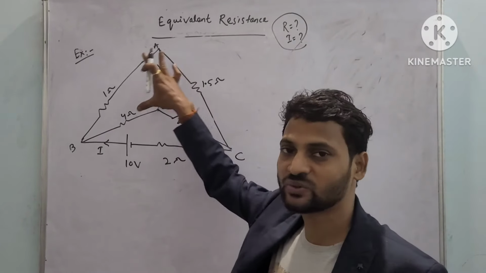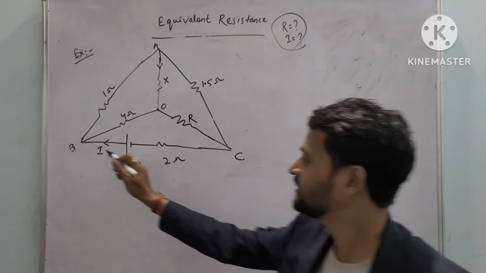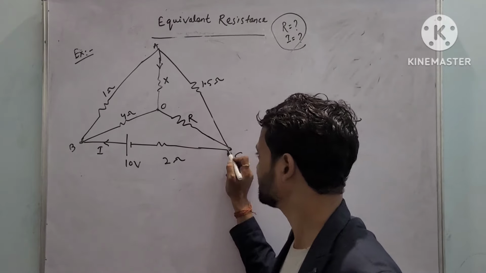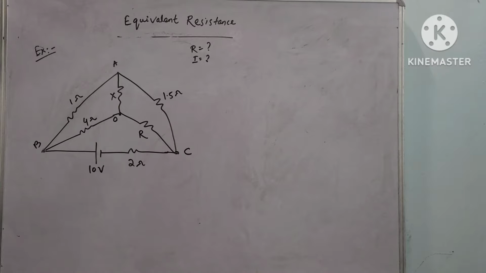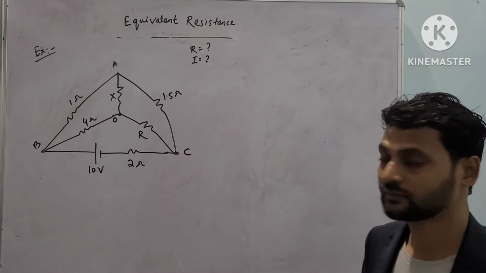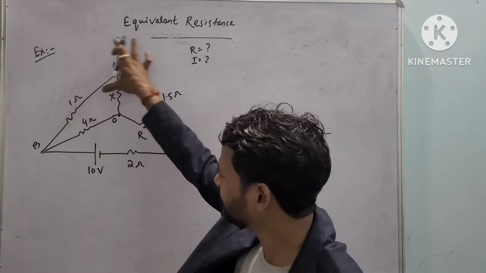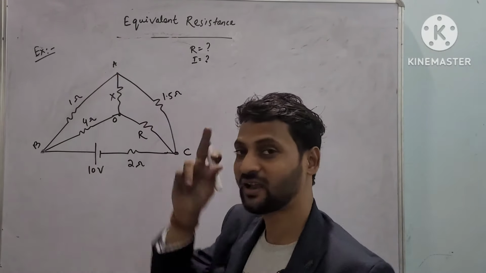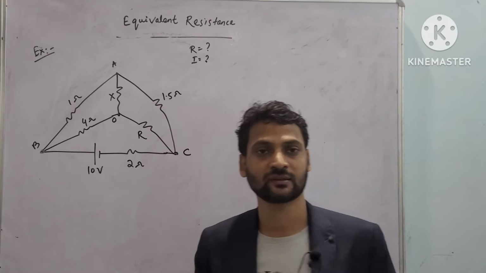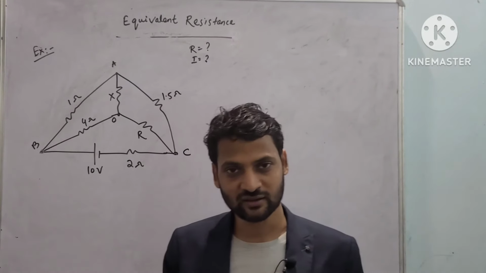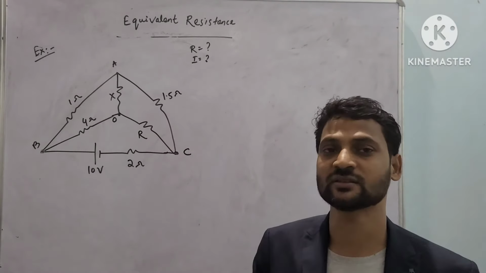It is a balanced Wheatstone bridge circuit, only this portion. How? I'll explain. Let us focus on these 2 points B. So here, some part of the circuit follows the balanced Wheatstone bridge condition.